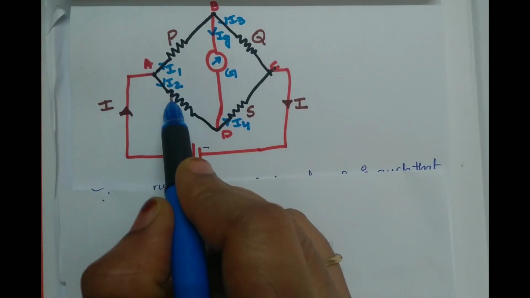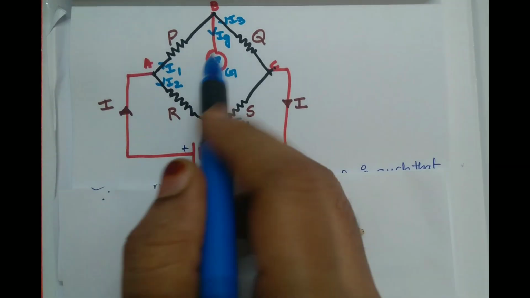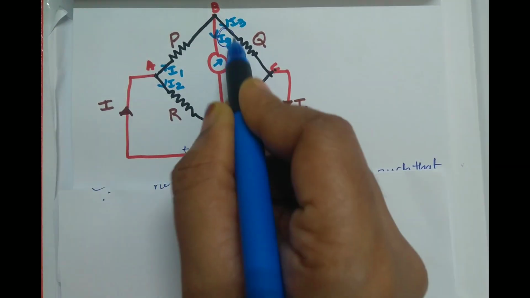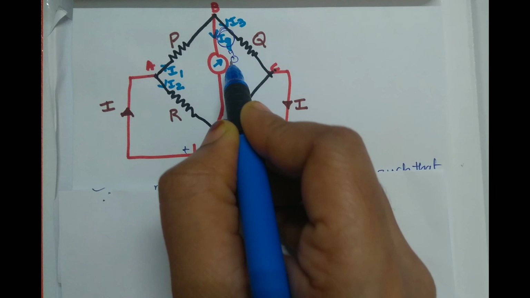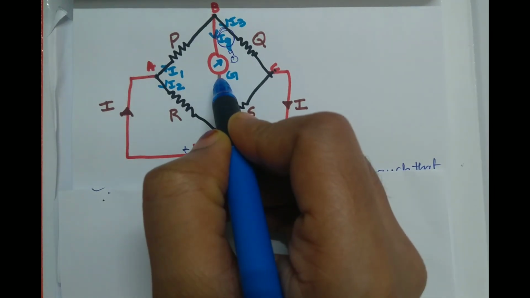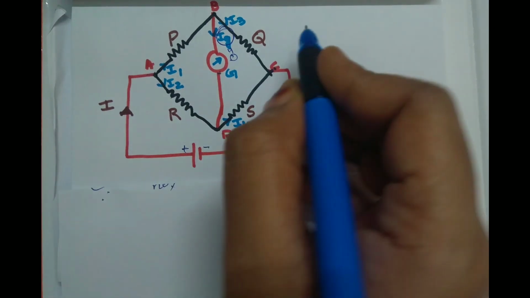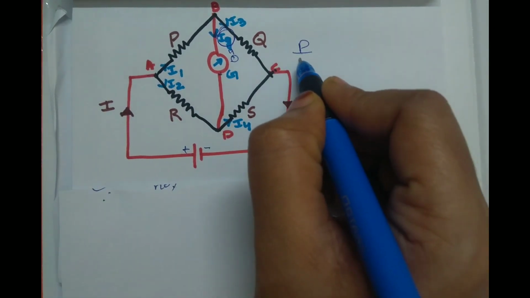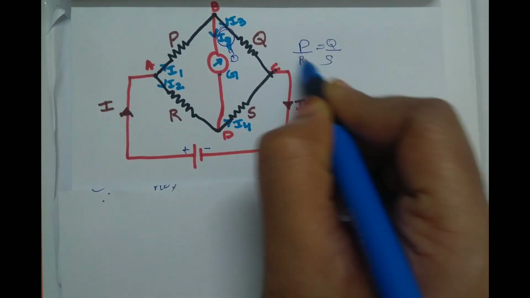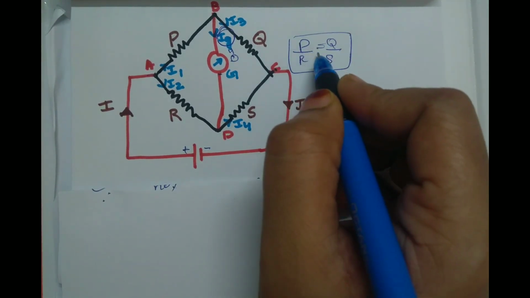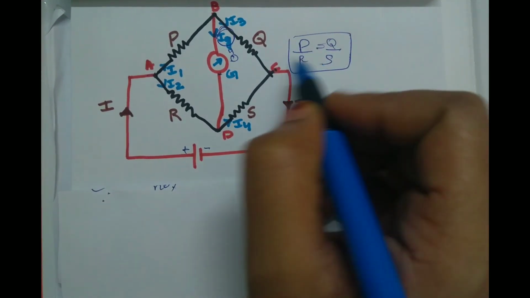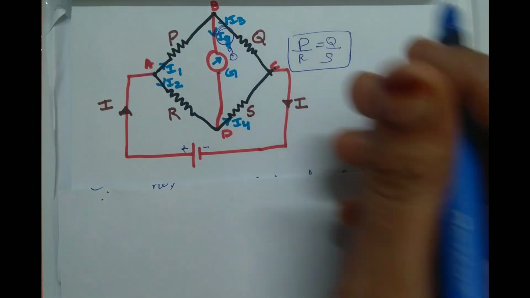Here I1 will go, here I2 will go. Again there is a junction, and you need to note that the current flowing through the galvanometer is 0. That means the galvanometer shows 0 deflection. When there is 0 deflection, then only you can say that P by R is equal to Q by S. This ratio is satisfied, that is, the condition for balance is satisfied when the current through the galvanometer is 0.